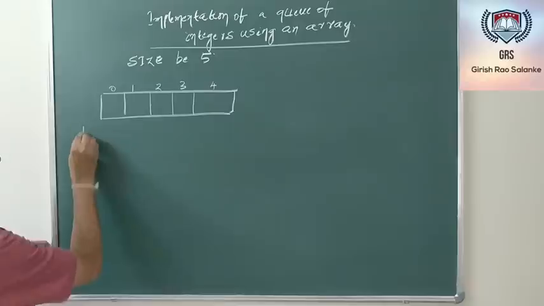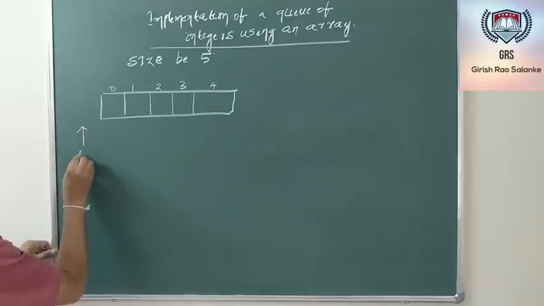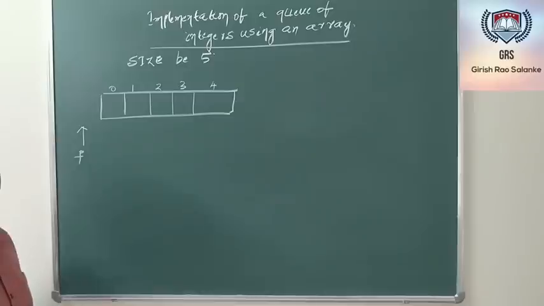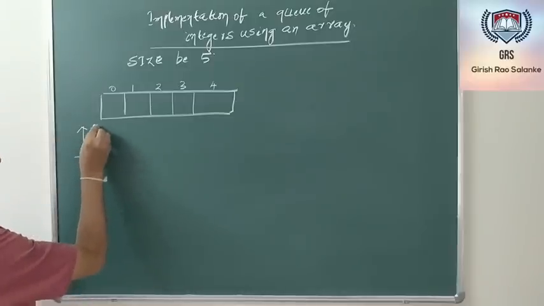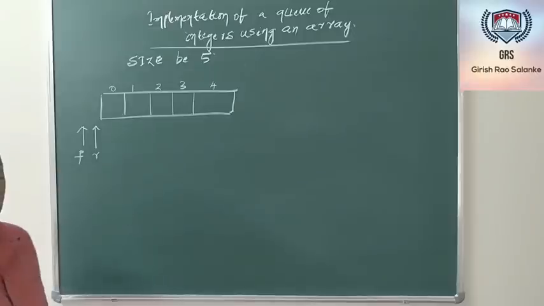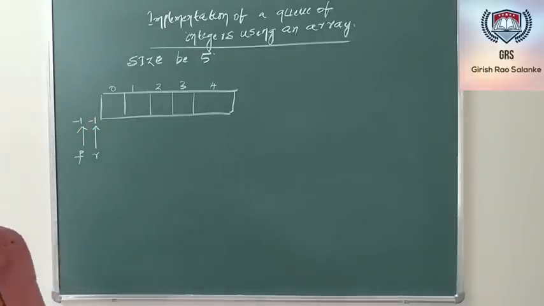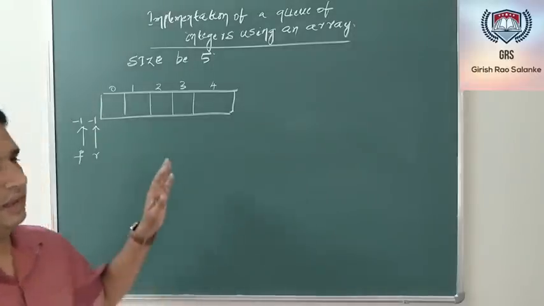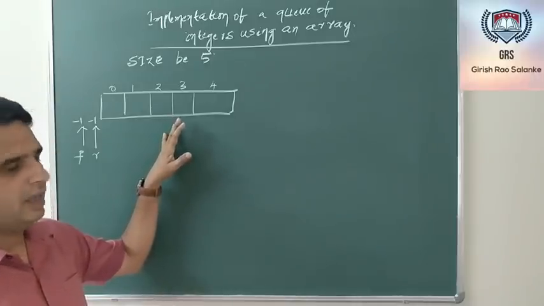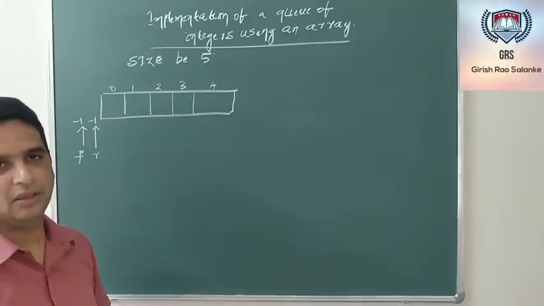Let me denote the front end, which is used for performing the deletion operation, with F, and the rear end with R. The initial value of both F and R is initialized to minus 1.